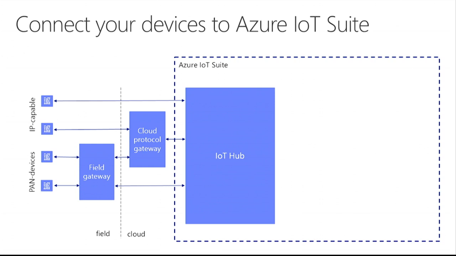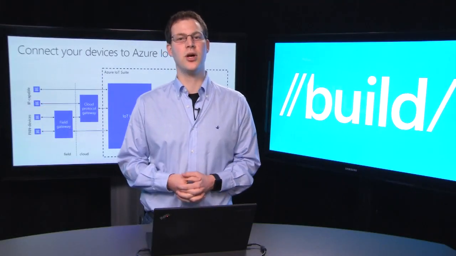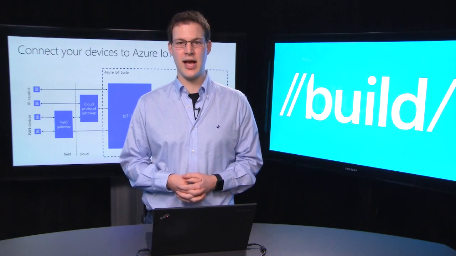On the backend side, the IoT Hub allows your event processing and insight components to receive telemetry and messages from your devices. Components such as Azure Stream Analytics or Apache Storm can allow you to process this data at very high scale.